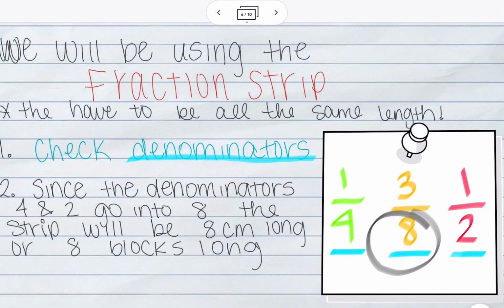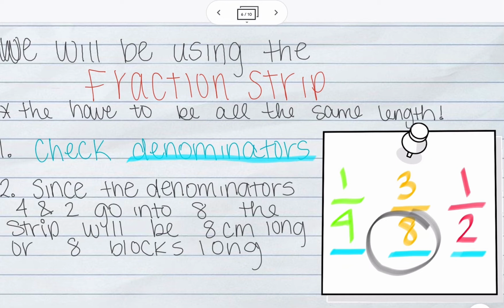So when we do fraction strips, just remember, each strip has to be the same length. So to find that length, we will look at the denominators, and we will pick the greatest denominator. And in these fractions, it's 8.